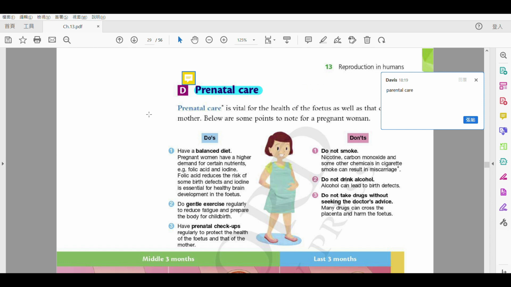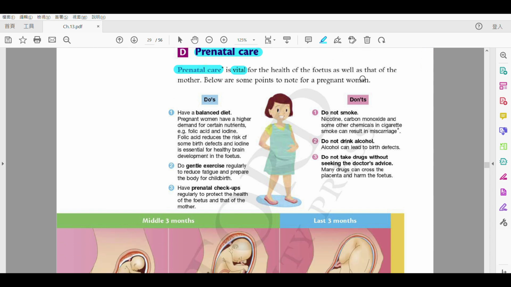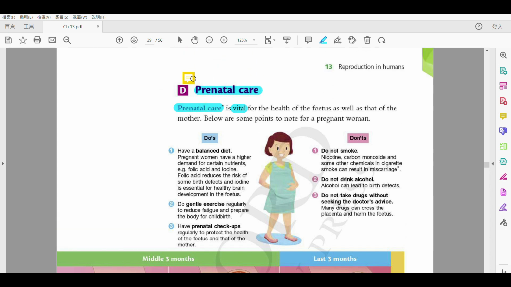OK, 但係小心一字啦，我哋呢個 prenatal。OK prenatal。好啦，prenatal care 係啲咩嚟嘅呢？So it is vital，即係代表係 very important 嘅，好重要嘅。OK, for the health of fetus。OK，咁但係留意一樣嘢啦，this is different from parental care。你 at the later parts 去到後邊嘅位置啦，we talk about parental care。OK，但 prenatal is different.